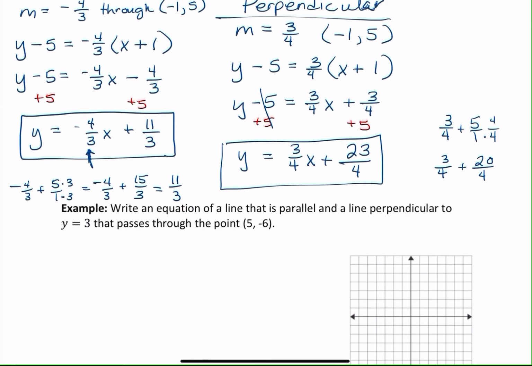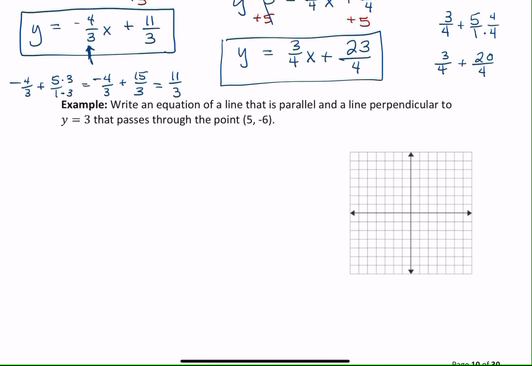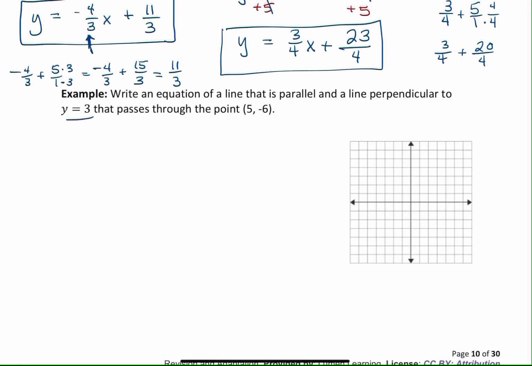Okay, one last example of parallel and perpendicular. It says write the equation of a line that is parallel and a line perpendicular to y equals 3 that passes through the point (5, -6). So this is the same type of problem as before, but this time my line is just y equals 3.